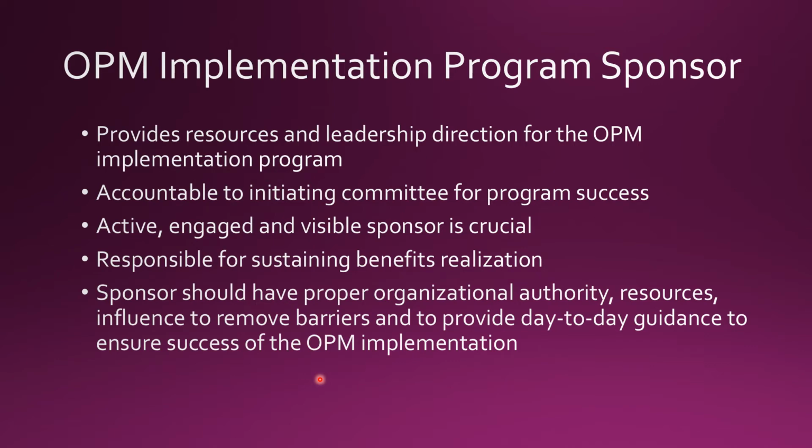Responsible for sustaining the benefit realization. The sponsor should have proper organizational authority and resources to influence, to remove the barriers, and to provide day-to-day guidance to ensure the success of OPM implementation. So essentially, you need a sponsor who provides the resources and leadership direction. That is a very crucial, active and visible role.